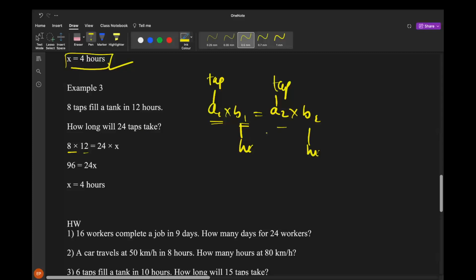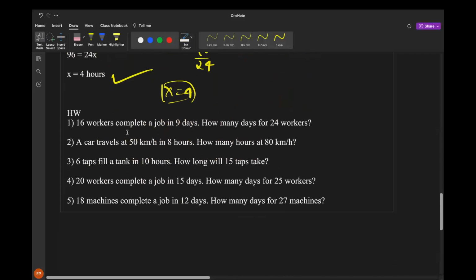A2 is 24 taps, we don't know the time, let it be x. So 8 into 12 is 96, equals 24 into x, 24x. If I take 96 by 24, x is 4. So we got x as 4 hours, which means 24 taps take 4 hours. See, taps are increasing, but time is decreasing. This is called inverse proportion.